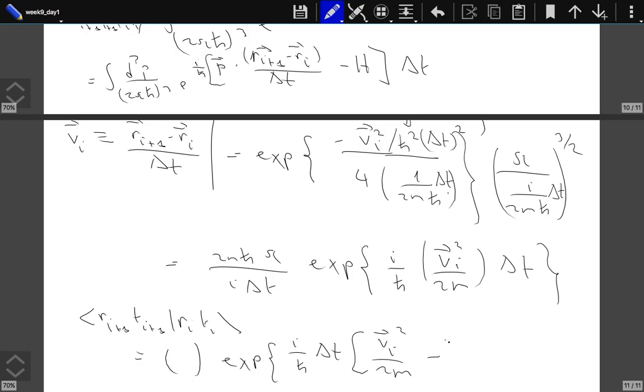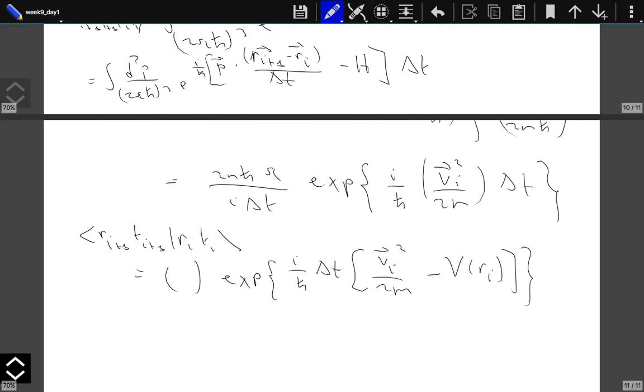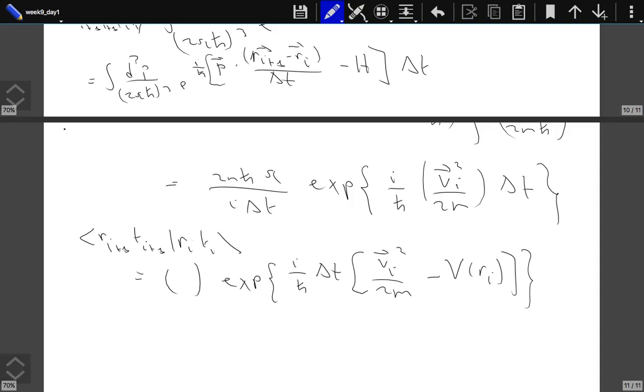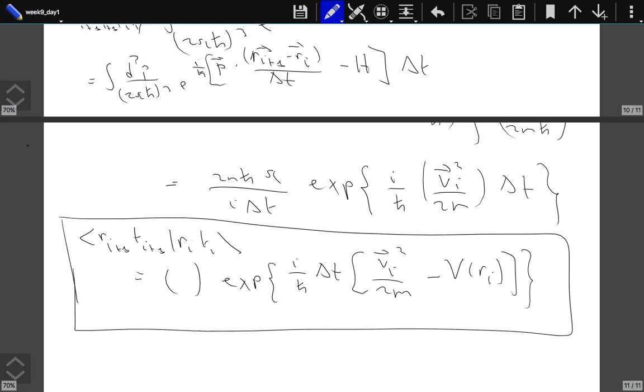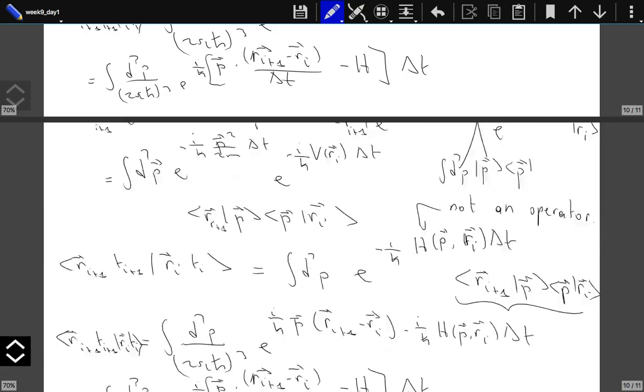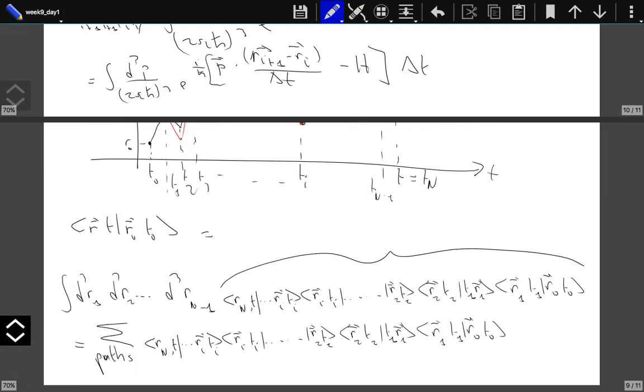Keep in mind that there is also minus V of r_i. So if you multiply all of those, you see this is just one of the matrix elements. And here we have the product of all of them.